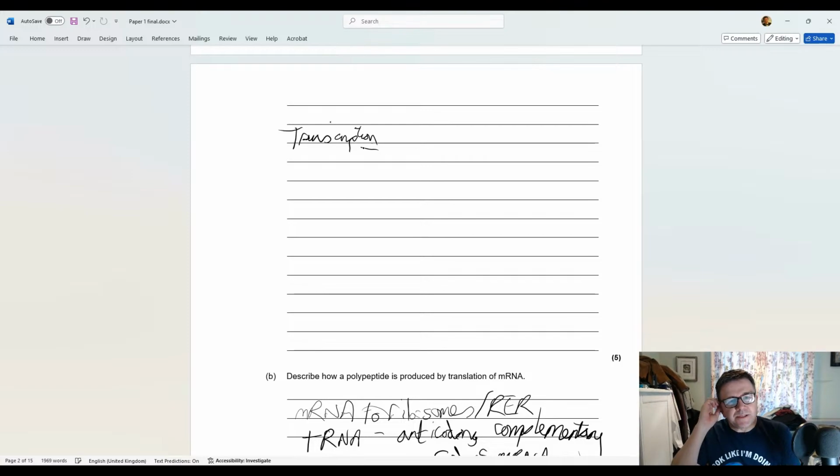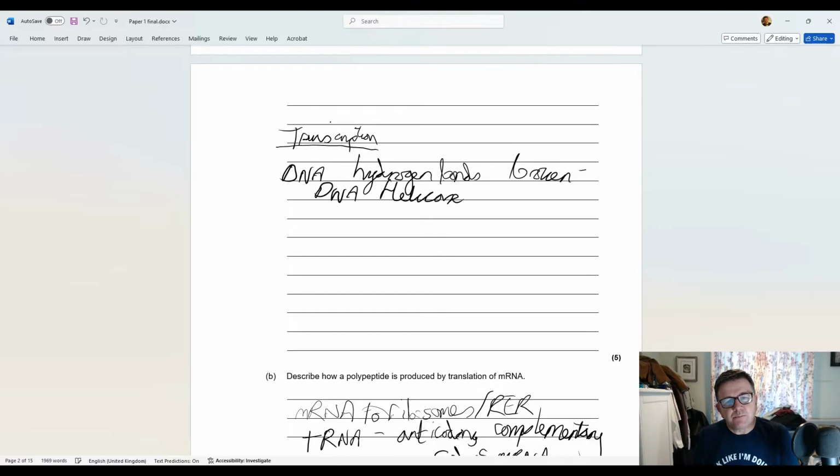Right, so first of all, the DNA hydrogen bonds have got to be broken. So hydrogen bonds broken. I think, and you'll probably put me right if I'm wrong, it's DNA helicase. So DNA helicase breaks those bonds.